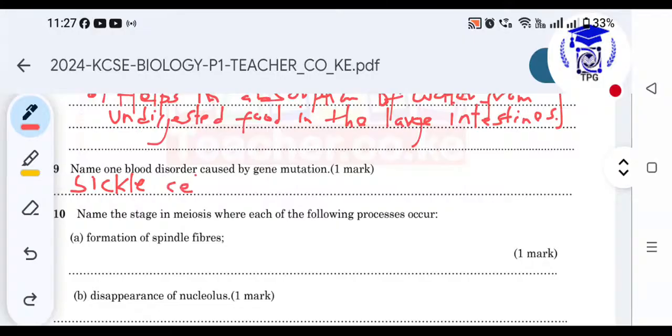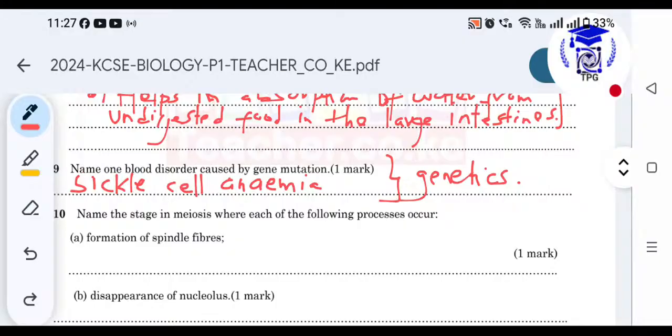This is a Form 4 question in the topic genetics. Form 4s in the room, ensure you study genetics. Let us continue.